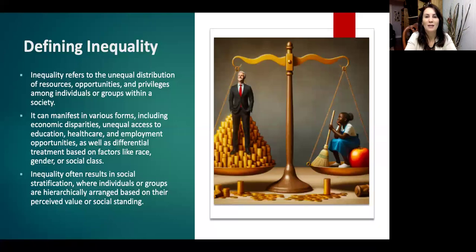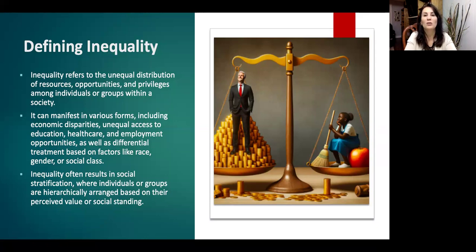So inequality means that we are not equal. Society can never be equal because people are not equal. However, we are not talking about that. When we are talking about inequality, we are talking about how structures affect people to become more unequal in society.